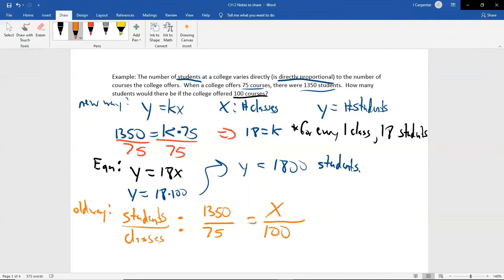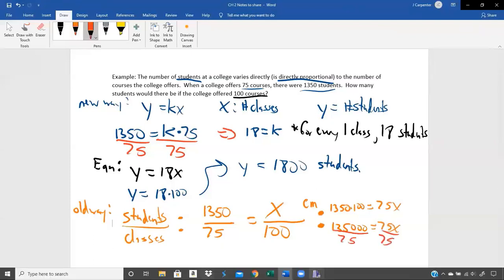I call it X. You're going to cross multiply, and you'll get 1,350 times 100 is equal to 75X. This is just a colon, by the way, which is 135000 equals 75X. You're then going to divide both sides by 75.